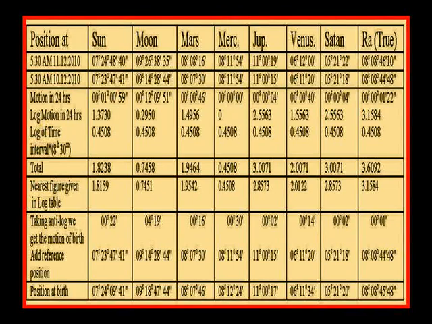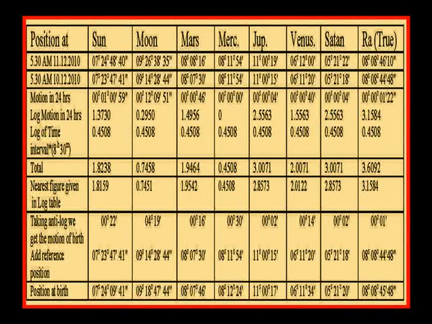It comes to 7 signs past 24 degrees 9 minutes and 41 seconds. So the sun is posited in sign 8 Scorpio at 24 degrees.